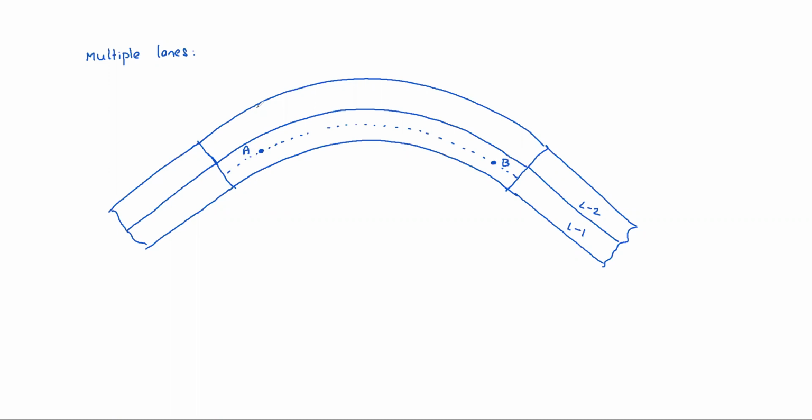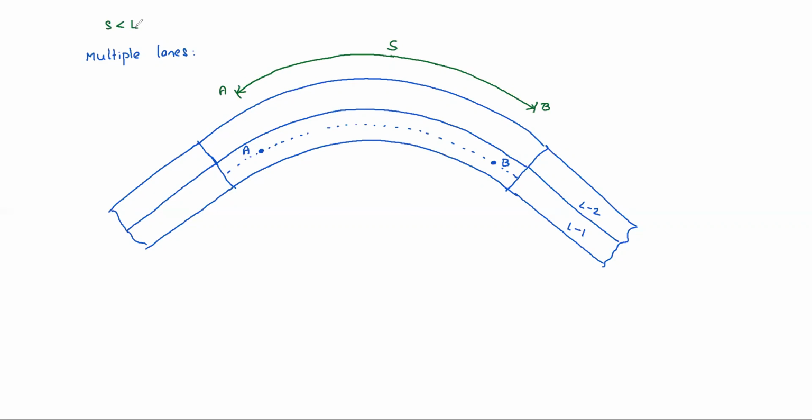That A to B, whatever distance is there, that is the S actually. See here also, S is less than the length of curve L. Two lanes are there here.